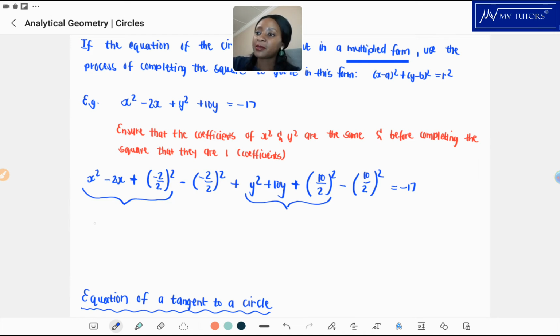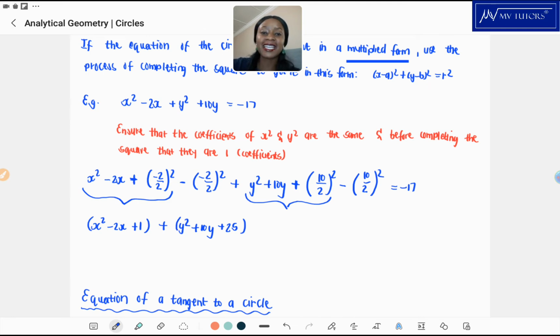So here I'm left with x squared minus 2x. Negative 2 divided by 2 is negative 1, and squared, that's going to be positive 1. I'm going to put that in brackets. And then I'm going to have plus y squared plus 10y. I have 10 divided by 2, which is 5. Squared, that would be 25. Okay.